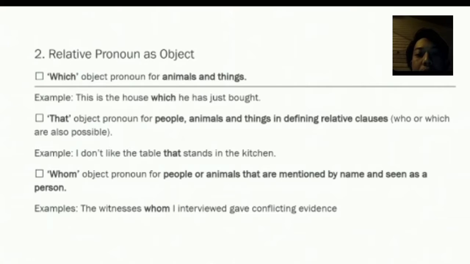Who or which are also possible. Example is, I don't like the table that stands in the kitchen. Whom, object pronoun for people or animals that are mentioned by name and seen as a person. Example is, the witness whom I interviewed gave conflicting evidence.